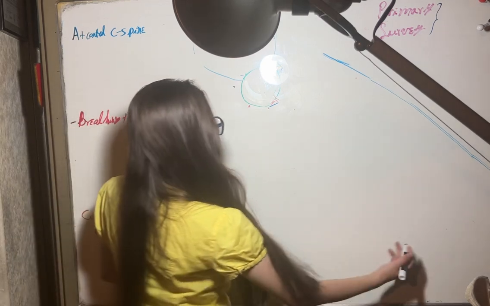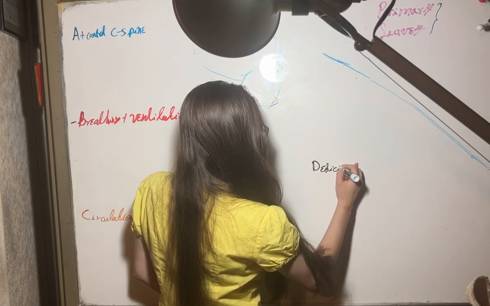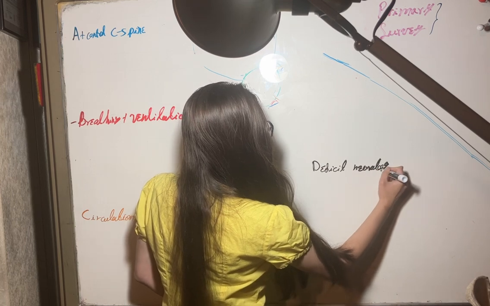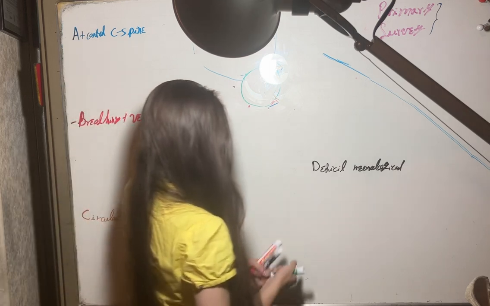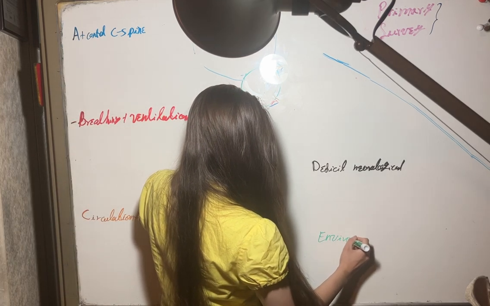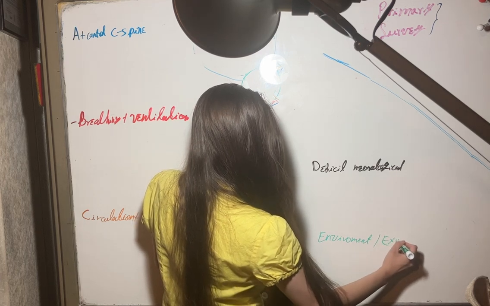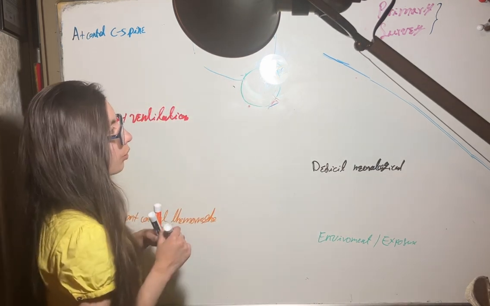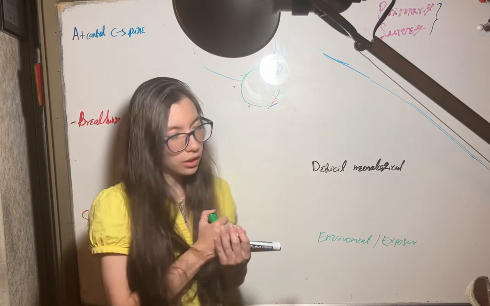Then D, deficit, neurological deficit. And then E of environment, control and exposure. So a summary of all this is what we are going to see. In the next videos we are going to see each part in more detail.